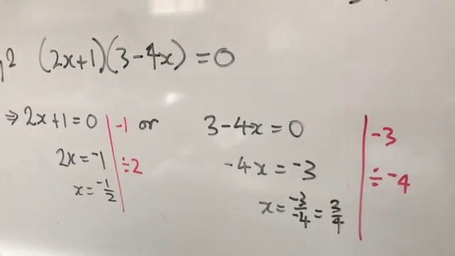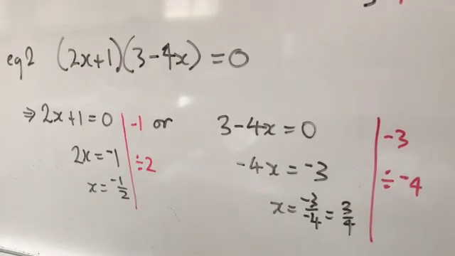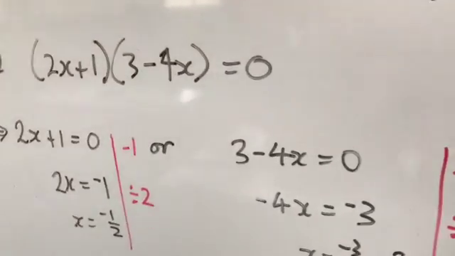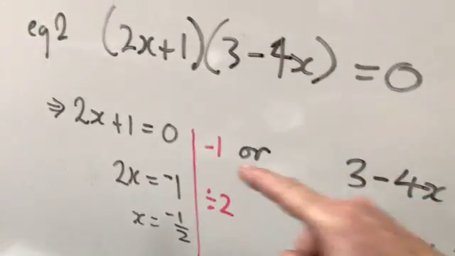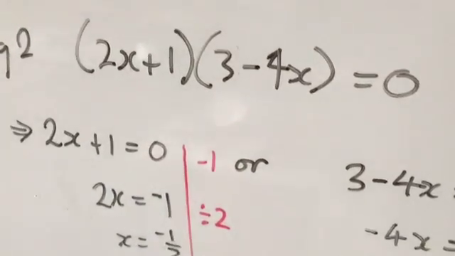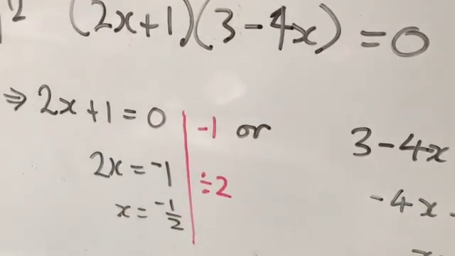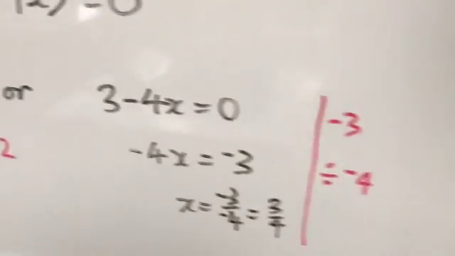I then use my reverse BODMAS steps to solve to find out what value of x makes that true. I subtract 1 from both sides to get rid of the addition of 1, and then I divide both sides by 2, and finally I get my answer of x equals -1/2.